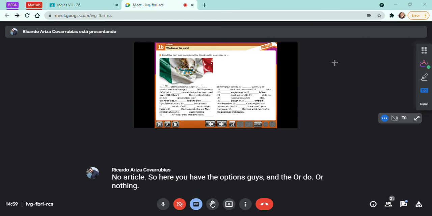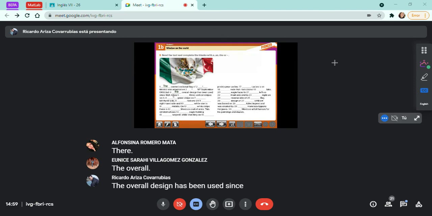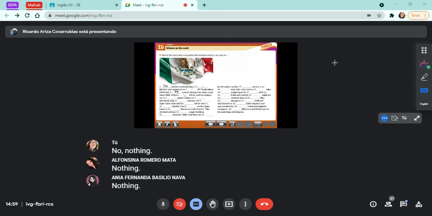Was adopted on nothing, 16 September 1968, but the overall design has been used since 1821. It has, nothing, pretty good, three vertical stripes on it.